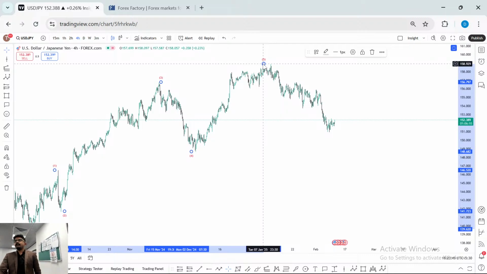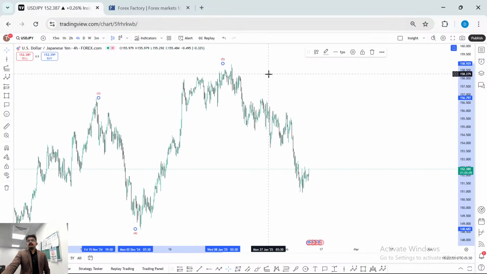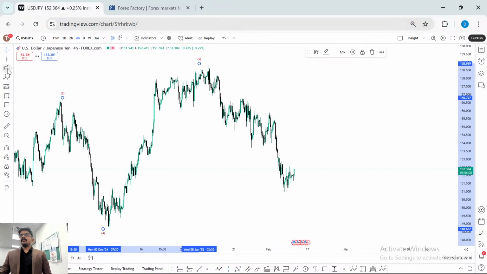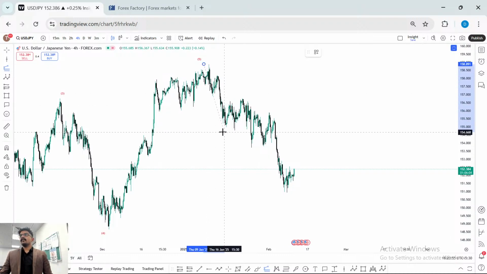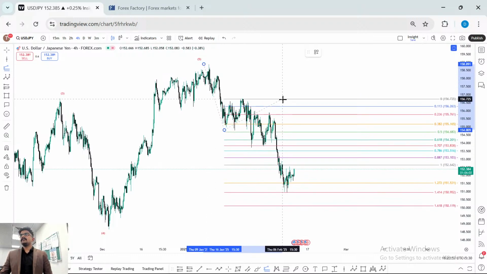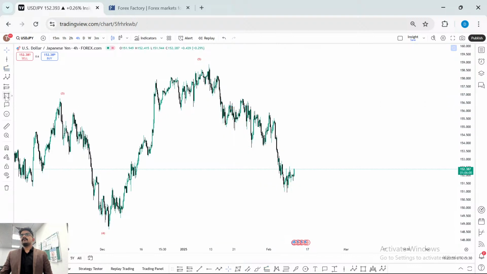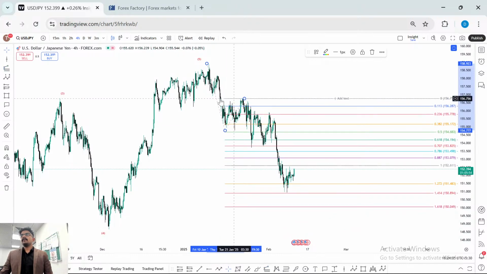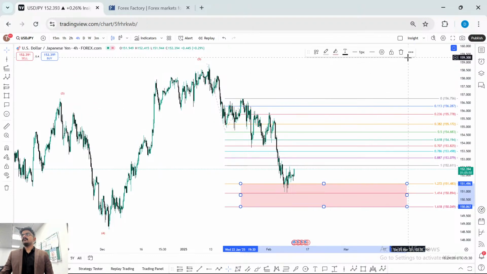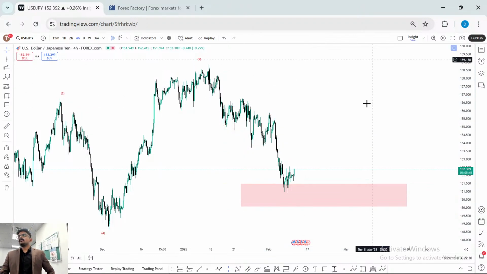So in case of USD JPY, as of now, what we can expect is, okay, now it's reached our zone, the 1.27 to 1.6 zone.